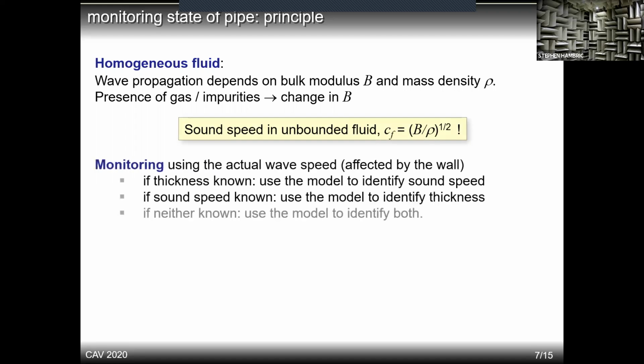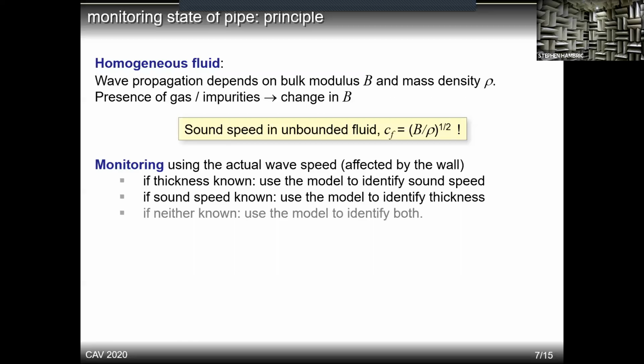The speed of pulsatory wave in the pipe, which is different than the speed of sound because it's affected by the impedance of the pipe wall, can be measured, and we can then use the measurement to fulfill one of these options. If the thickness is known, we shall use the model to identify the sound speed out of measured wave speed.